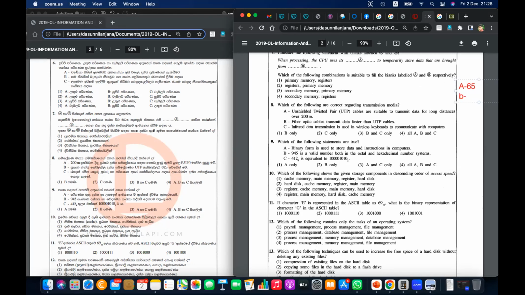Capital B is 66, capital C is 67, capital D is 68, capital E is 69, F is 70, capital G is 71. So G is 71. Now what are they asking?